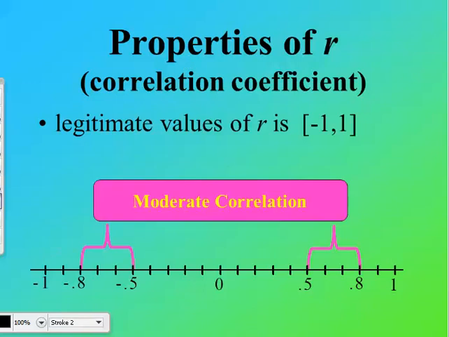If you saw it between 0.8 and 0.5, moderate correlation. So I've got both positives and negatives here. Okay? So if it's somewhere in these ranges, you would say it's a moderate correlation.